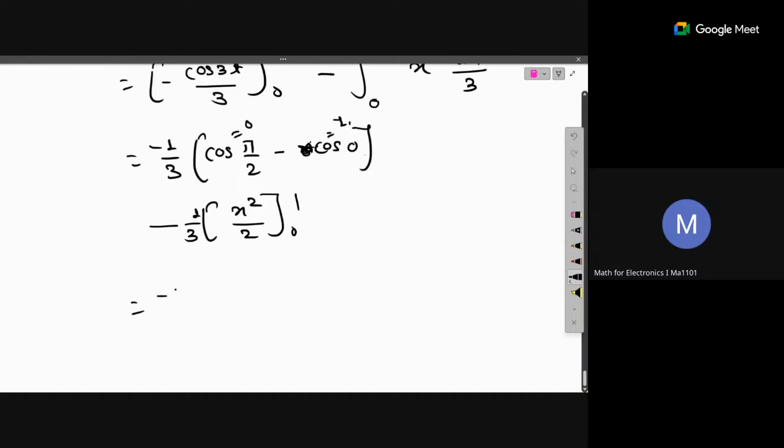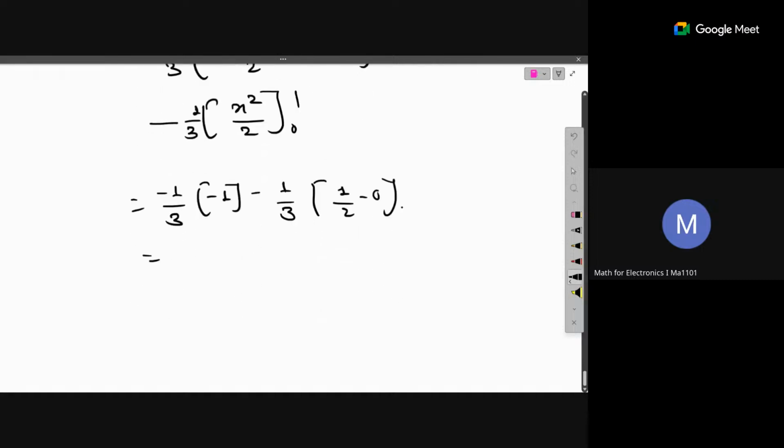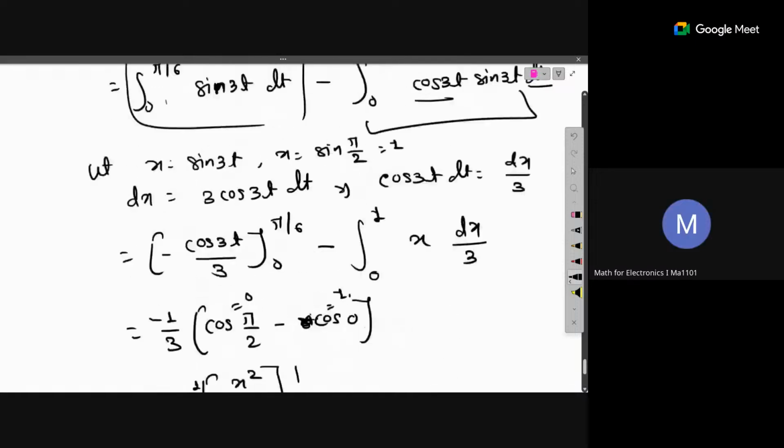So here we get minus 1 by 3 times (0 minus 1), which is 1 by 3, and then minus 1 by 3 times (1 by 2 minus 0), which is minus 1 by 6. Taking LCM, 2 by 6 minus 1 by 6, so the answer is 1 by 6. Sorry, I should check: that's how you can solve it.